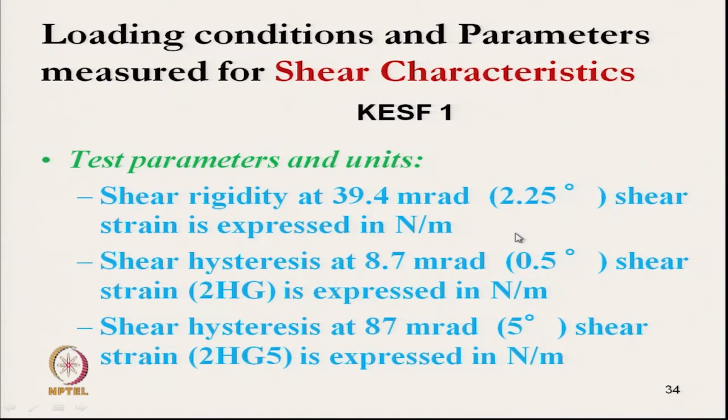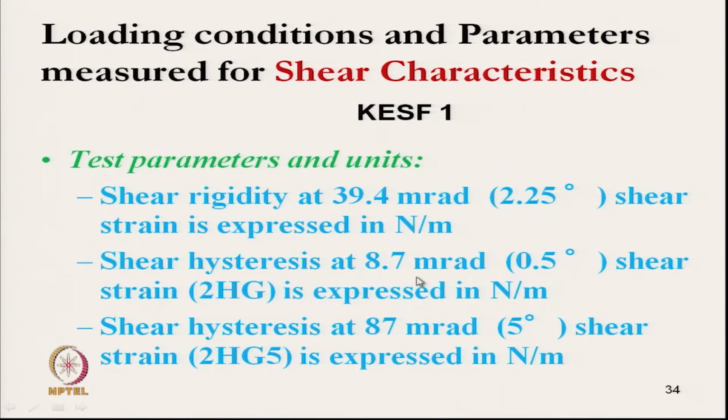These are the setting and loading conditions, and the parameters measured are as follows. The shear rigidity is measured at 2.25 degree shear strain and is expressed in Newton per meter, which is nothing but 39.4 milliradian.